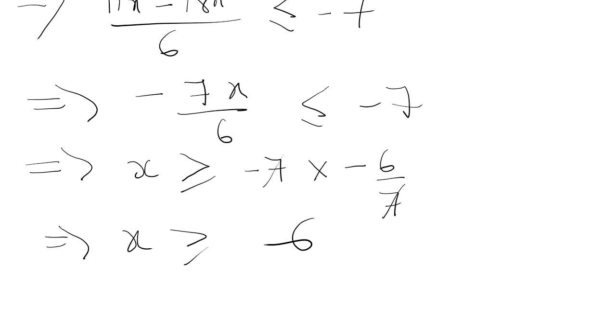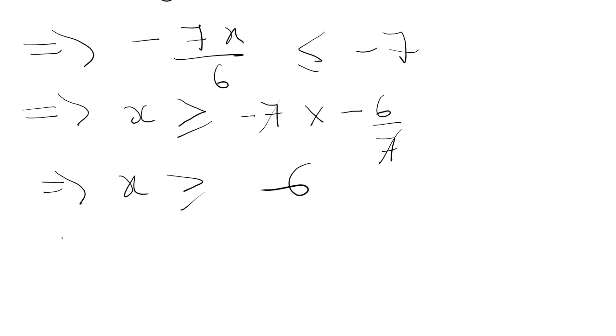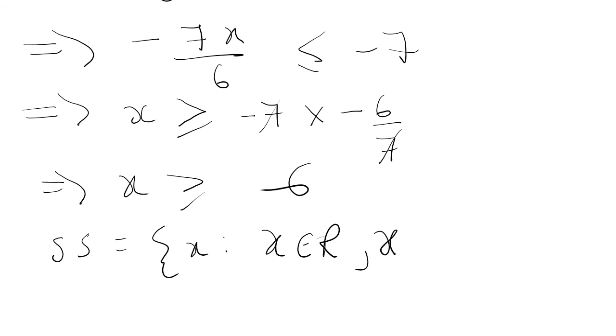So that means the solution set is the set of all x such that x belongs to R and x is greater than or equal to 6. This x belongs to R, you can write this side also, it makes no difference.